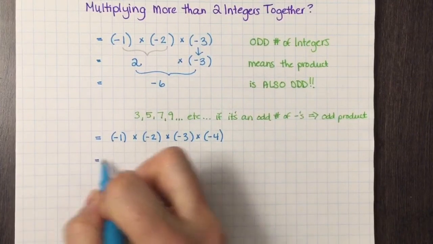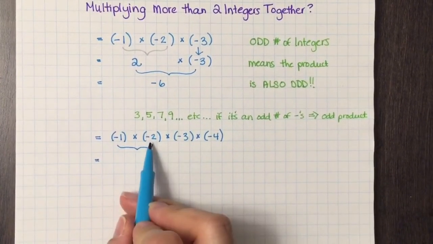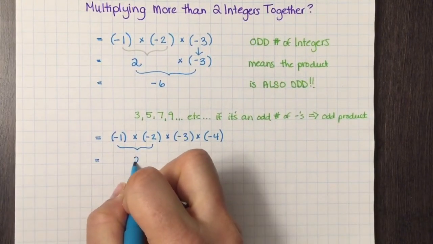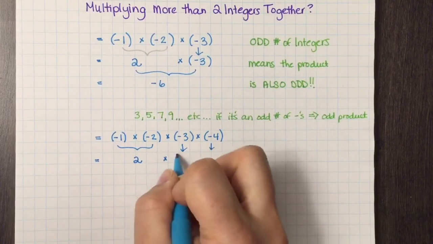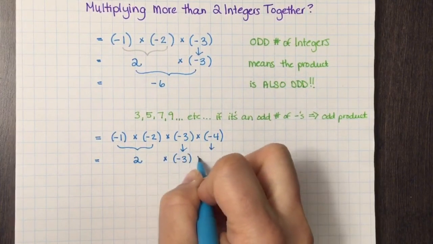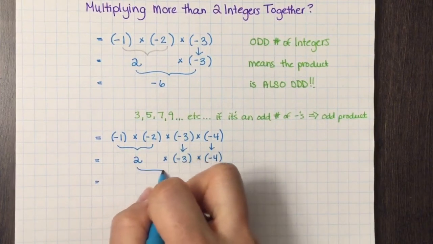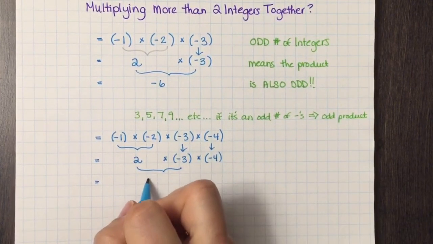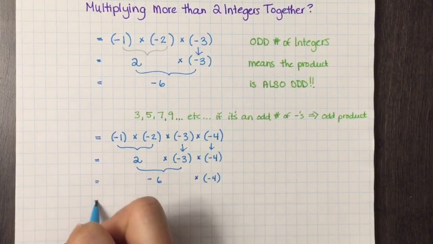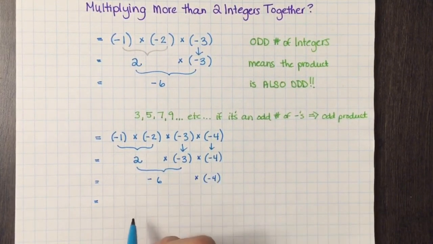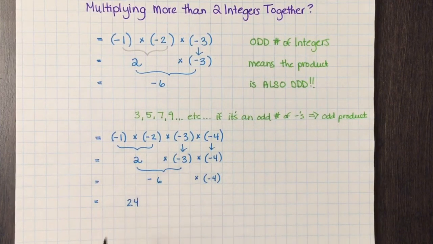Following what we were doing before, starting from left to right, -1 times -2 is +2. And then I'm just going to bring this stuff down, times -3 times -4. I'm going to multiply these two together. That would be -6 times -4. -6 times -4 is 24.